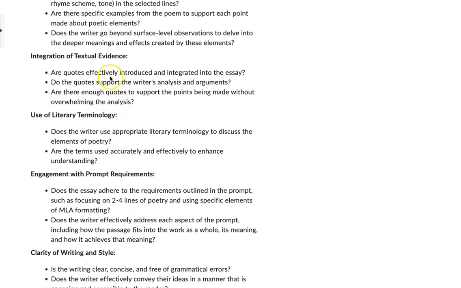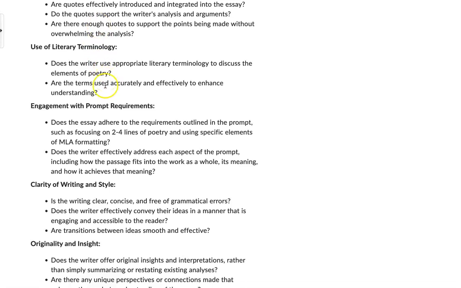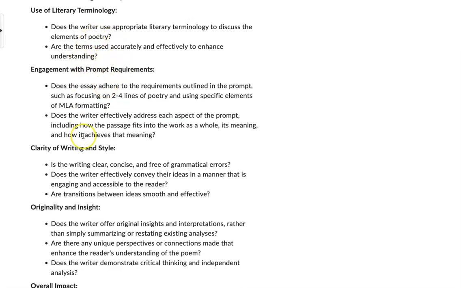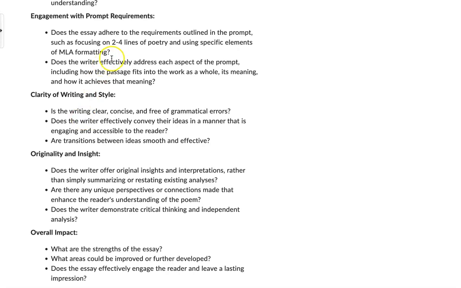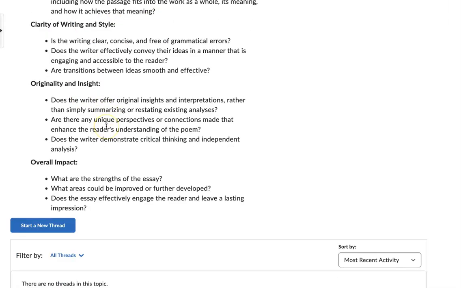You are integrating your textual evidence effectively. You've got the use of literary terminology down. You're engaging with the prompt requirements. You are writing clearly, and you are writing originally, and the overall impact is strong.